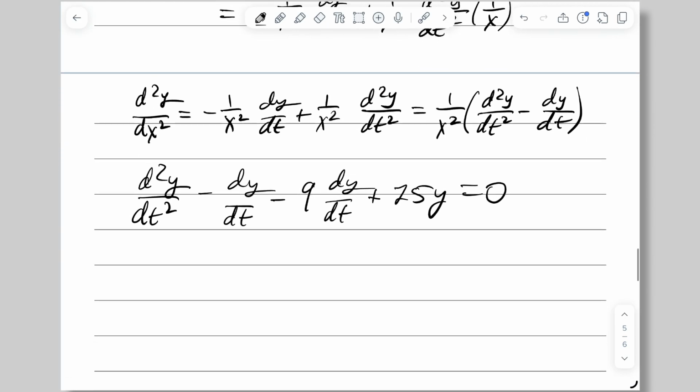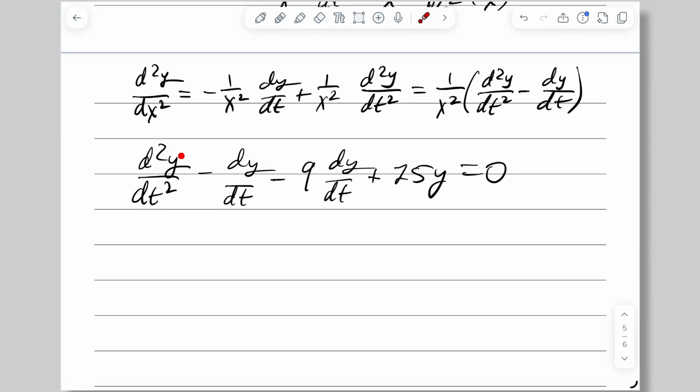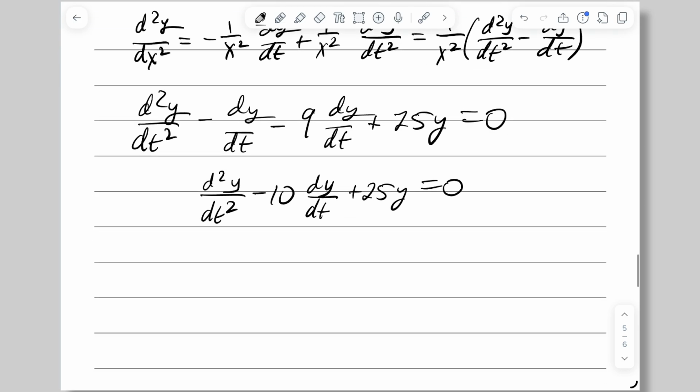Notice all of our derivatives are derivatives of y with respect to t. Combining some like terms here, d2y dt2 minus 10 dy dt plus 25y is equal to 0 gives us an auxiliary equation. m squared minus 10m plus 25 is equal to 0, which gives us that m is equal to 5 repeated.